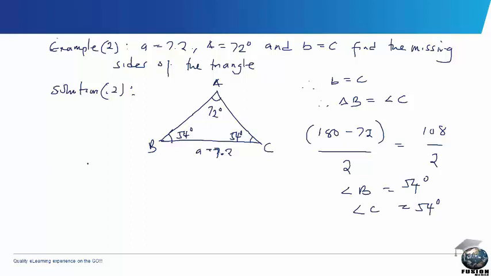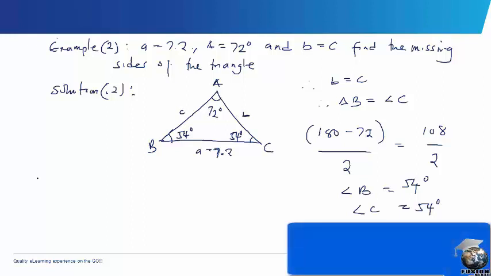This helps us simplify the working a bit. On the next line, we'll be finding sides AB, which is equal to c, and side AC, which is equal to small b.